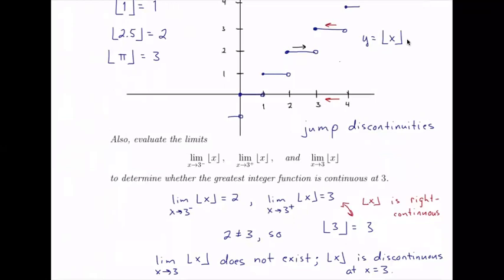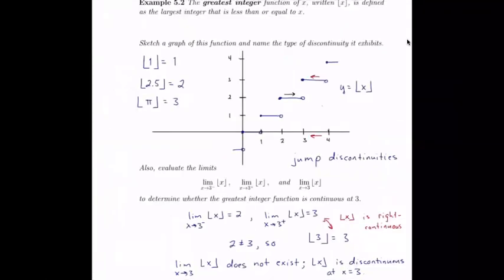So let's have a look here. Let's think about the first one. The limit as x approaches 3 from the left of the greatest integer function of x is 2. Does that make sense? We're approaching 3 from the left. So we're moving towards the x value of 3 along this interval, right?